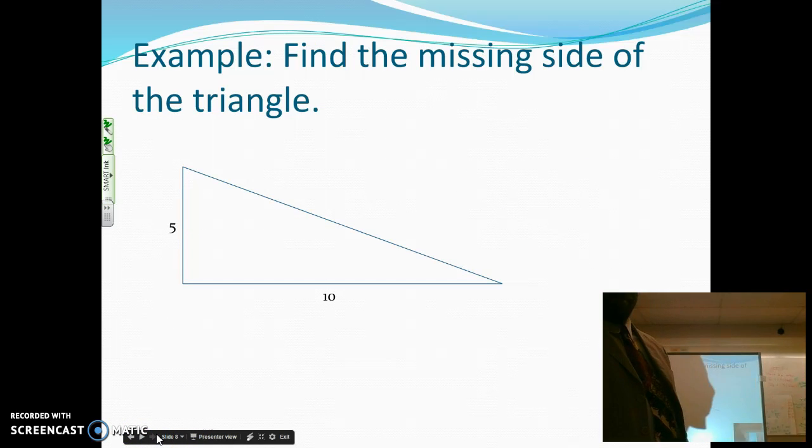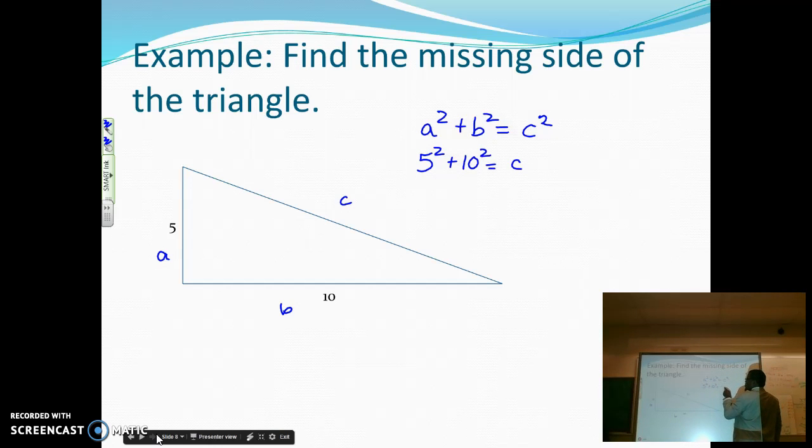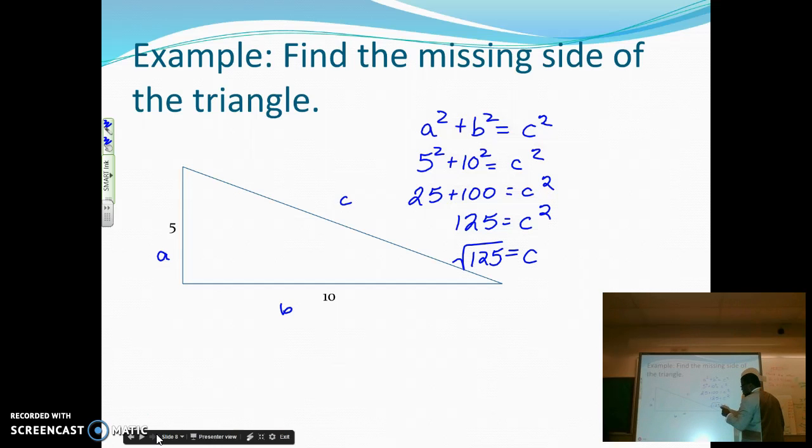Here, this one is a little bit different. What we have this time is both of the legs, but we do not have our hypotenuse. So we need to use the same formula, except we're going to set it up a little bit differently. A, B, C. So this time we have 5 squared plus 10 squared equals c squared. That'll give us 25 plus 100 equals c squared. So we have the square root of 125 for our answer.